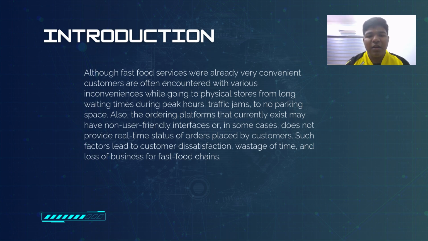Also, the ordering platforms that already exist aren't user friendly. For example, they do not provide real-time status of orders placed by customers. Such factors could lead to customer dissatisfaction, wastage of time, and loss of business for fast food chains.